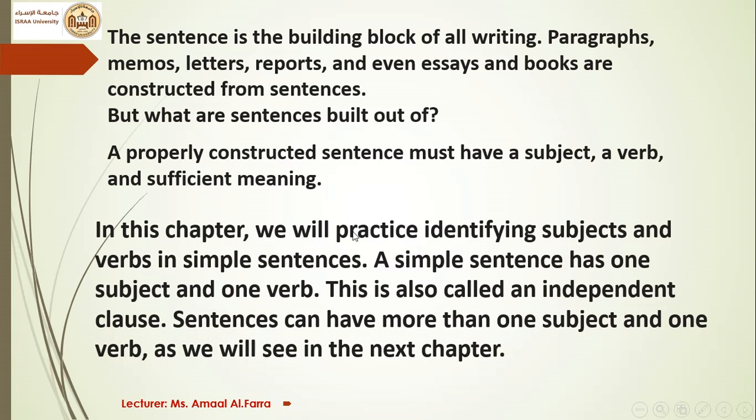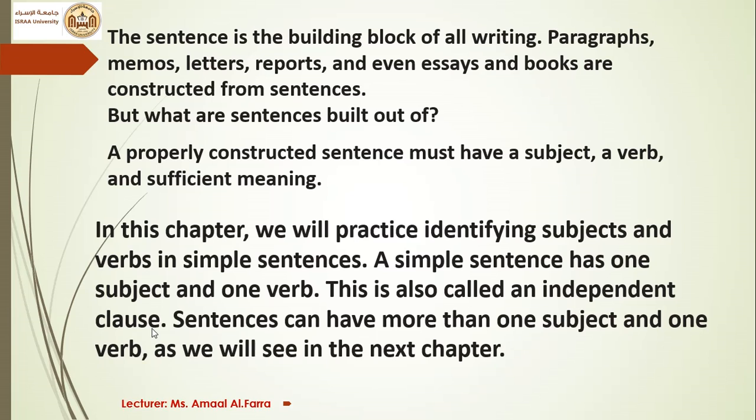In this chapter, we will practice identifying subjects and verbs in simple sentences. A simple sentence has one subject and one verb. This is also called an independent clause. You know that we have two types of clauses: dependent clauses and independent clauses.